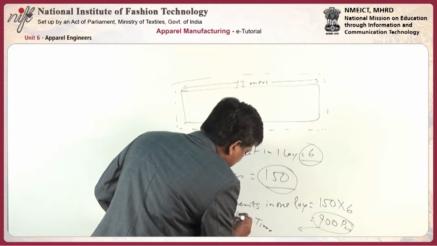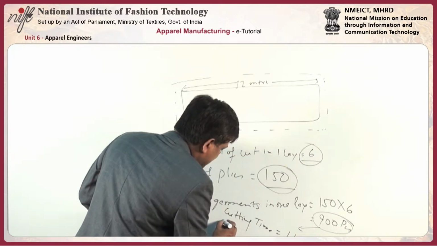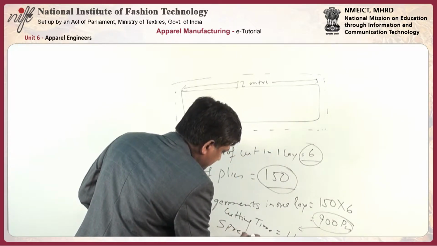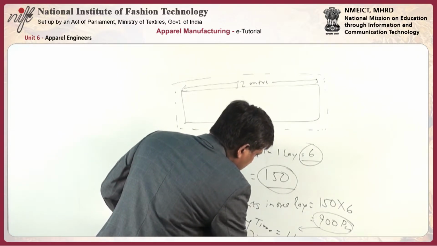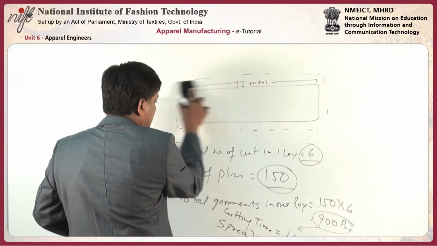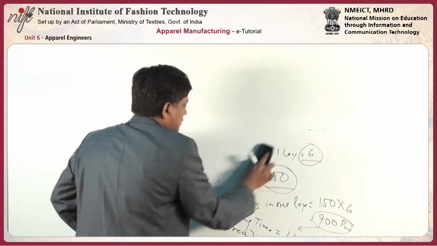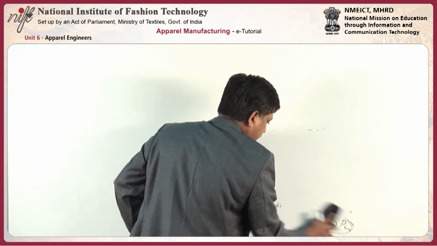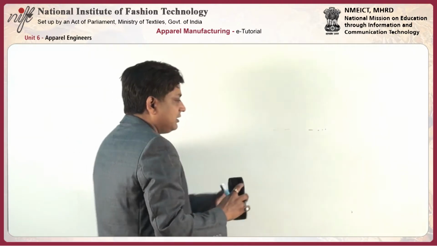The cutting time is 1 hour and the spreading time is 2 hours. So for 900 pieces, it is going to take 1 hour of cutting time.